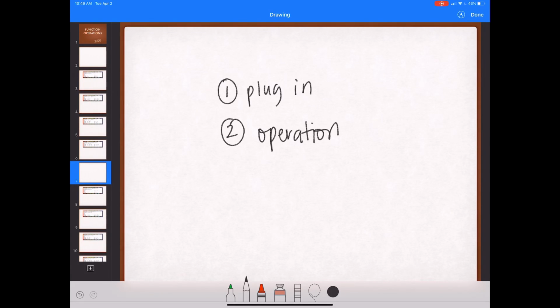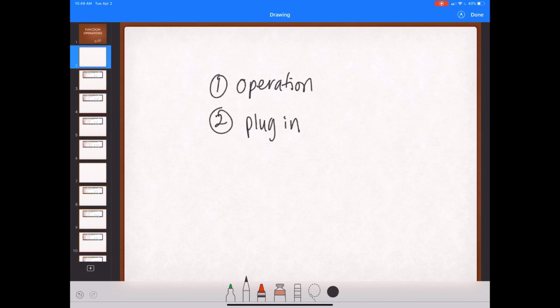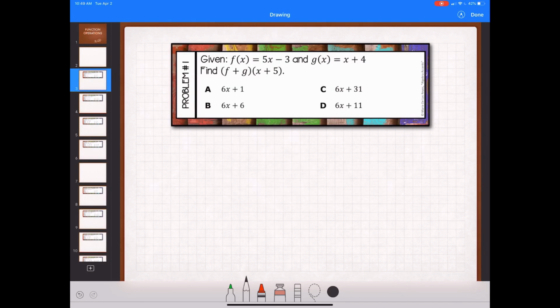Okay. So let's look at the first method. So this is method 1. Operation first, then plug-in. Okay, so here you have two functions. You have the f of x function and the g of x function. And then if you look at what it's asking you, add the f of x function to the g of x.